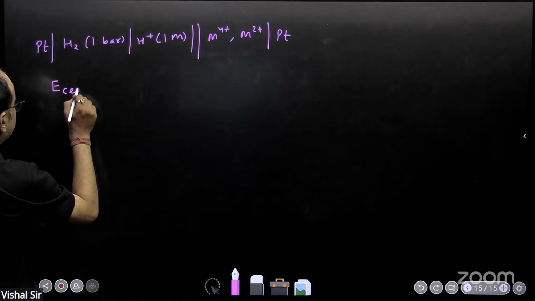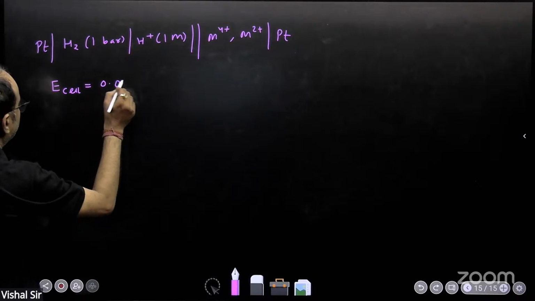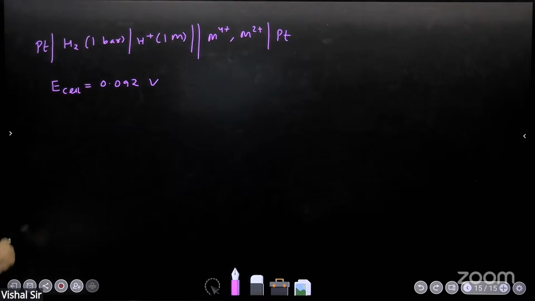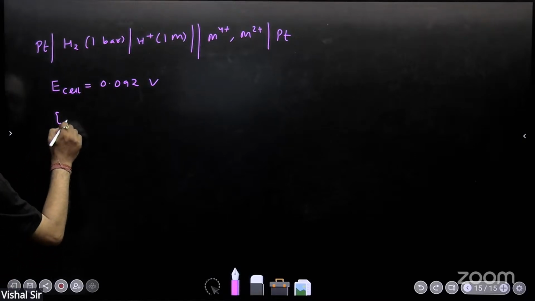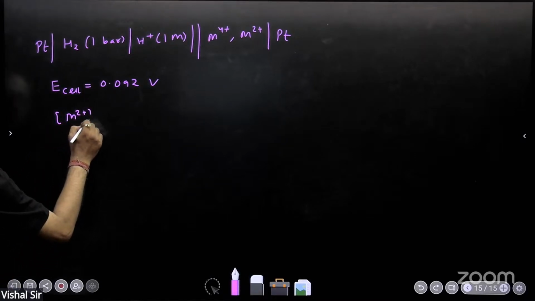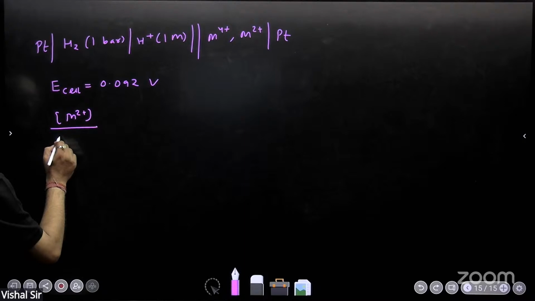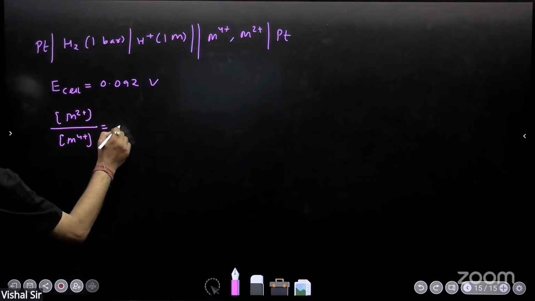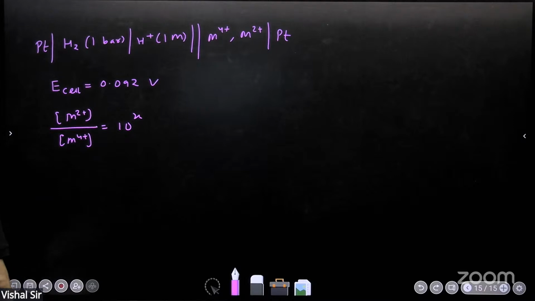E cell is given 0.092 volt and M2 plus upon M4 plus is given 10 raised to x.